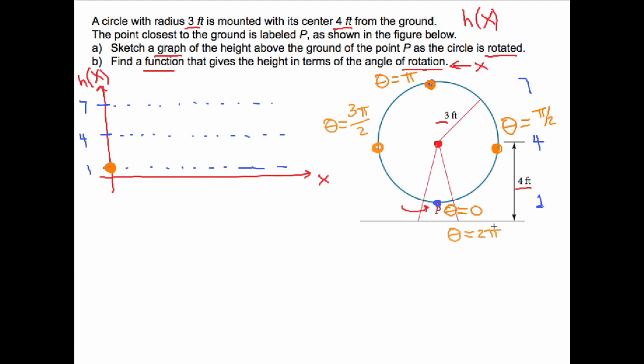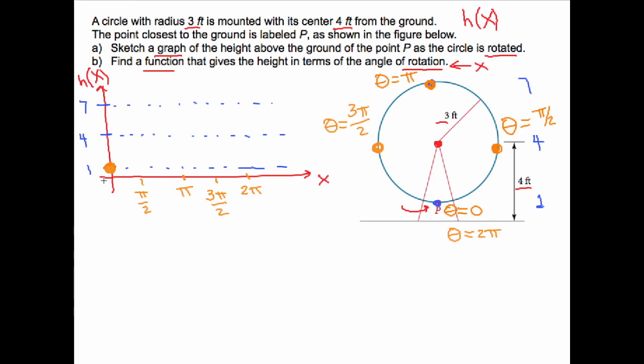So let me use this information to do two things. First, I'll mark my units along the horizontal axis. I'll mark the midpoint, pi, endpoint, 2 pi for 1 full rotation, quarter point, pi over 2, and a 3/4 point, 3 pi over 2. Now again, when theta is 0, I know I am 1 foot above the ground.